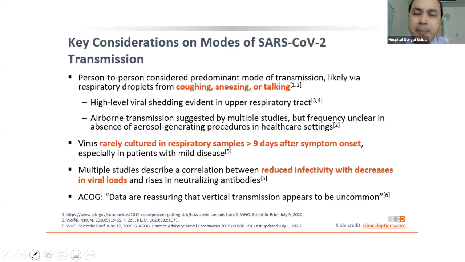But there have been some nice studies showing that in a poorly ventilated, closed-up area, like the two examples that came out, a restaurant with an aircon and a closed-up bus, people kept together for a long time with somebody who was infected, with no ventilation and no change of new air, could get infected that way.